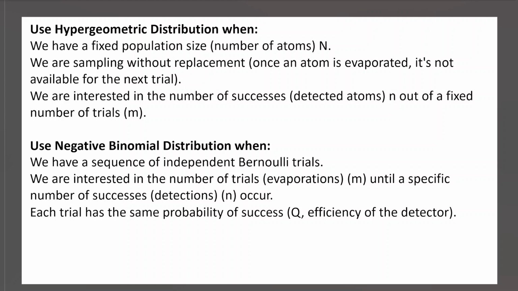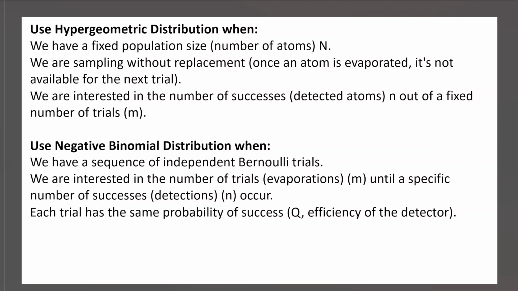We use negative binomial distribution when we have a sequence of independent Bernoulli trials. We consider getting detected as success and getting not detected as failure. So each atom being detected is considered an independent Bernoulli trial. We are interested in the number of trials, or operations, until the specific number of successes n occur. Each trial has the same probability of success, which means the detector efficiency is not going to change.